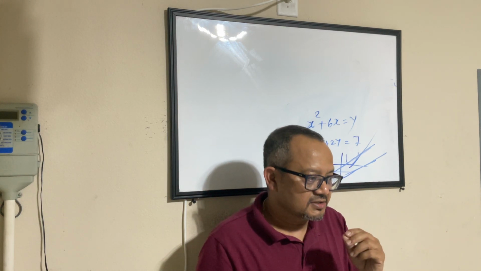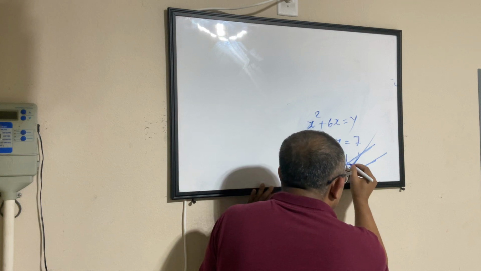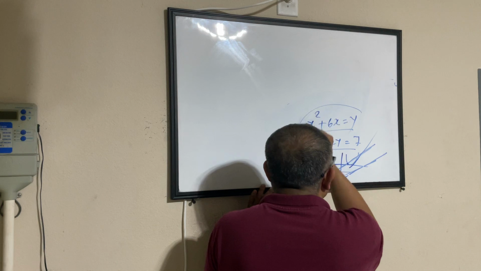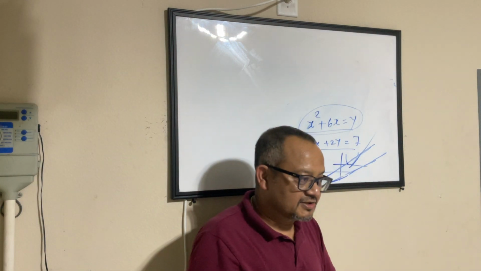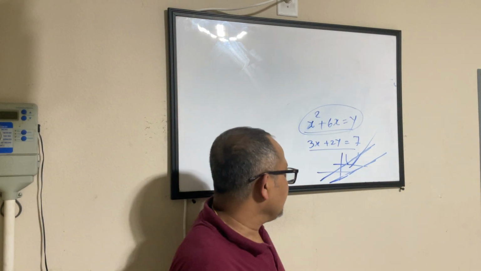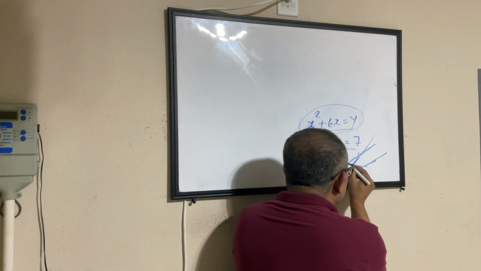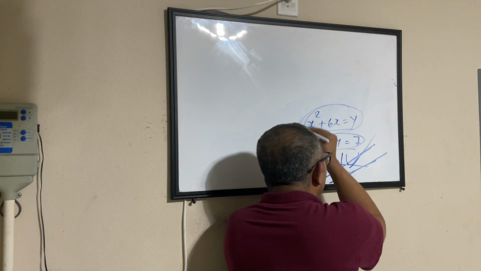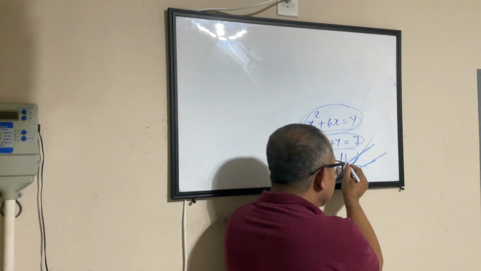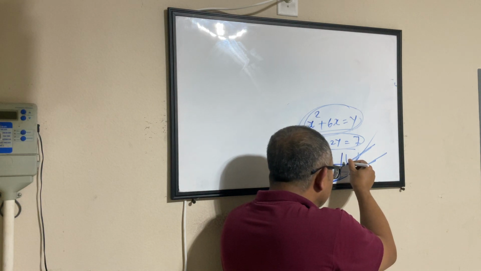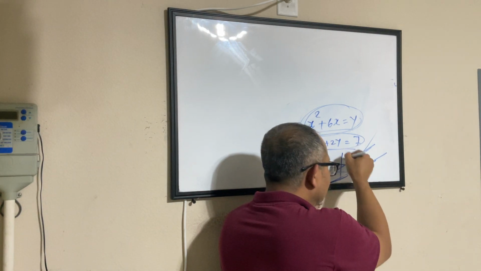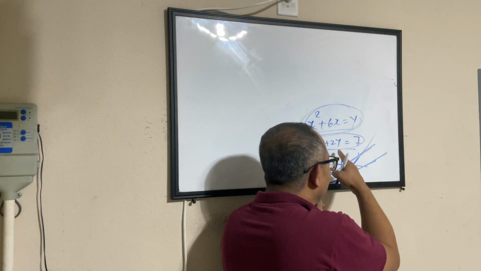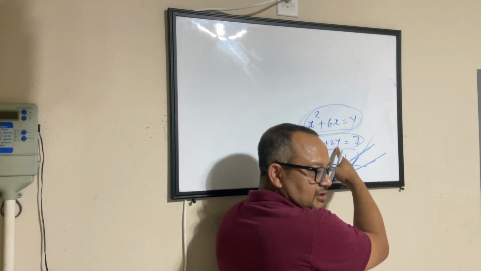Wherever it touches, at that point, my x and y value for the line and the parabola will satisfy both conditions, right? If this is one of the points where the line and the parabola touch, that means the x and y coordinate of this point for this line and this parabola both will match. Whatever my y value is here will be the y value for the parabola also.